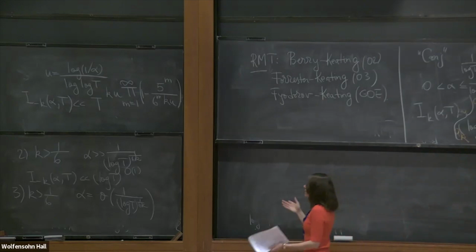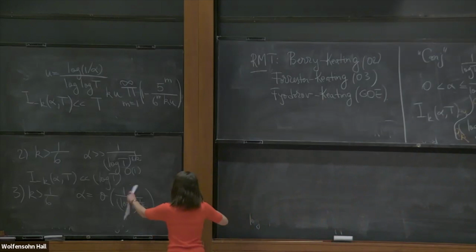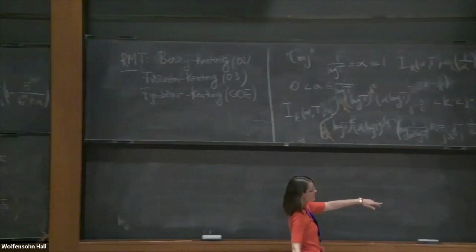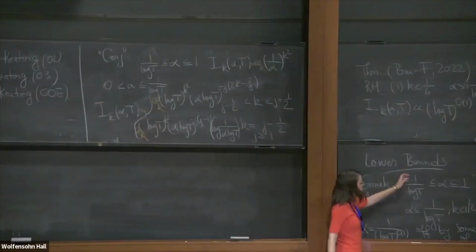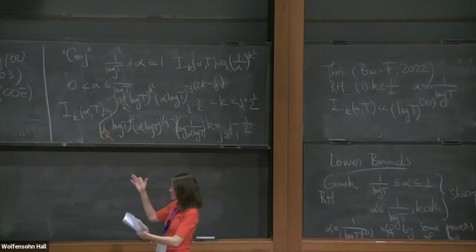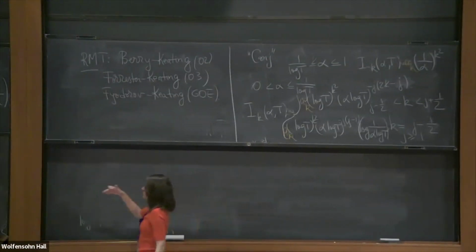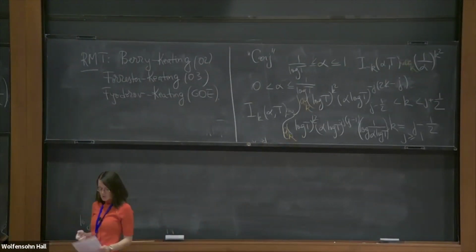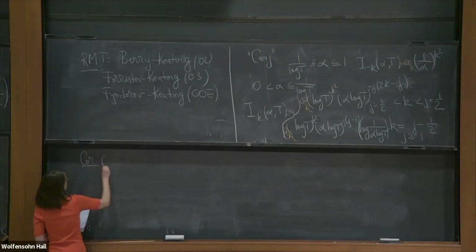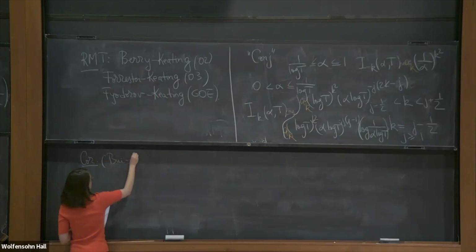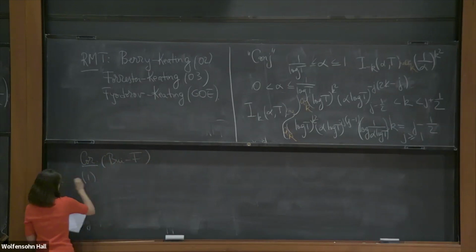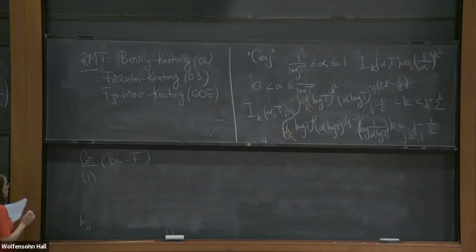Okay, so in fact, for these two cases that I wrote over here, when k is less than 1 over 6 and alpha is bigger than 1 over log t, and when k is bigger than 1 over 6 but alpha is big enough, we can actually refine these upper bounds to get an asymptotic formula. So that's maybe a corollary. In case 1, you can't really go down to 1 over log t.